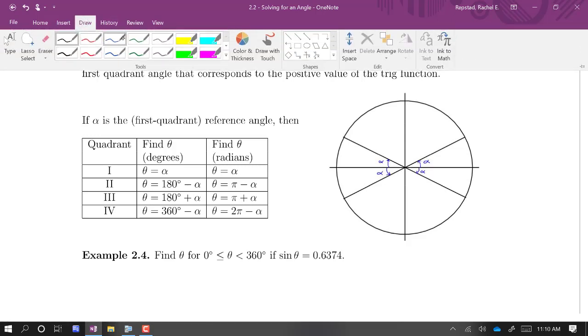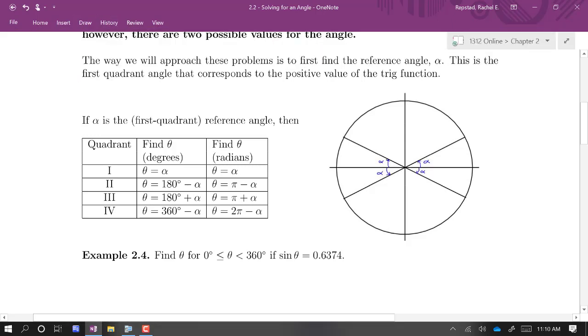If we reflect the reference angle over to the second quadrant, this angle is the same as 180 minus alpha. We're just moving back by alpha degrees. Similarly, for the third quadrant, I'm going to take 180 degrees plus alpha. And for a fourth quadrant angle, I'll take 360 degrees minus alpha. Again, this reference angle is always measured from the x-axis, never from the y-axis.